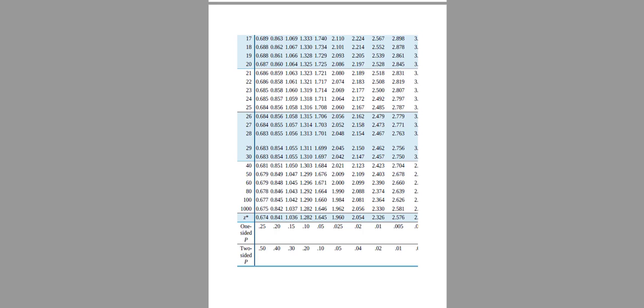And notice that 2.46 lives between these two values. And so what does that mean? Well, we have a one-sided argument. Our alternative is one-sided, which means we're looking at this row. And we're looking at the p-value associated with our one-sided argument. And we want to see where our z is in terms of its p.